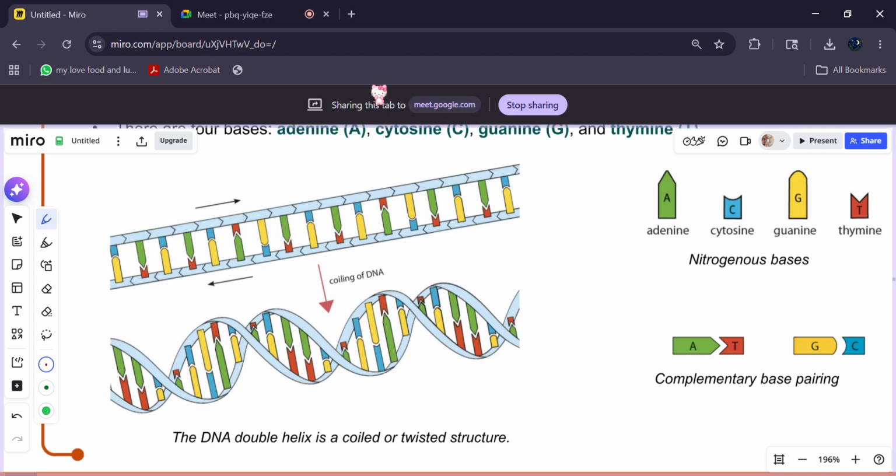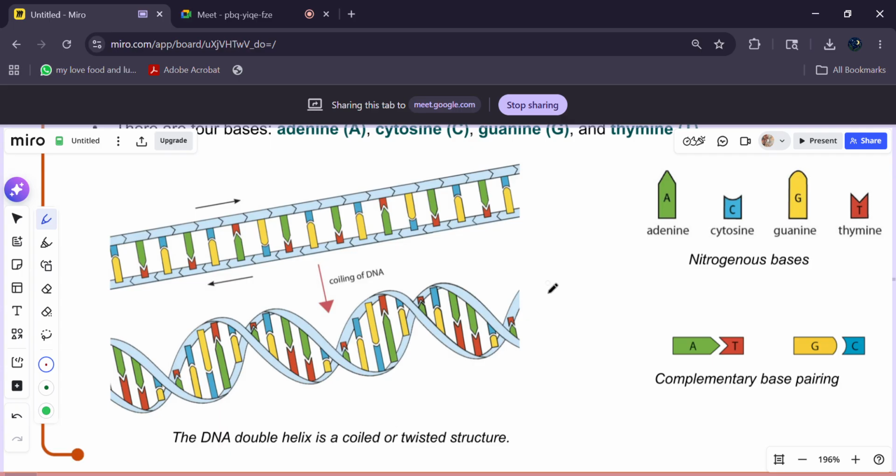Now, the two strands are joined together such that A is joined to T. As you can see, A and T are always combined together. In this case A is green and T is red. While C is blue and G is yellow, C and G are combined together.